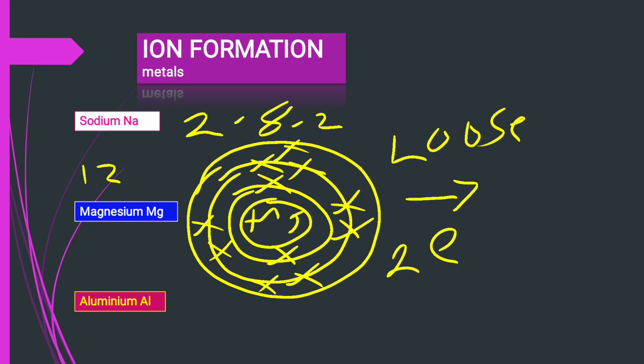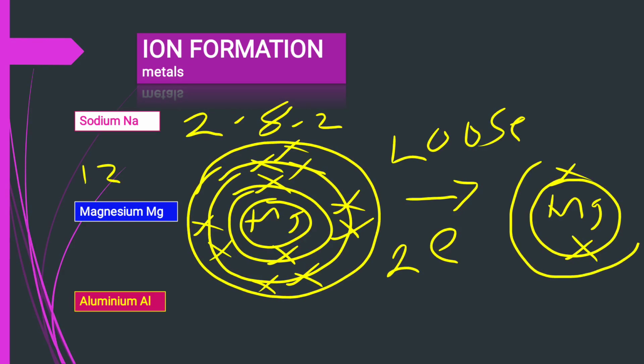So when it is losing electrons, we will have the magnesium ion. And how will we draw the magnesium ion? We'll have the magnesium ion now having the first energy level with 2 electrons, and then the second energy level with 8 electrons, like that.